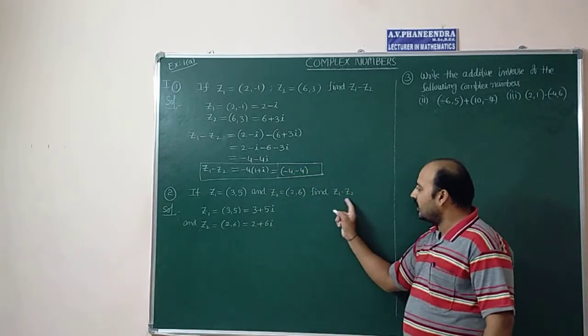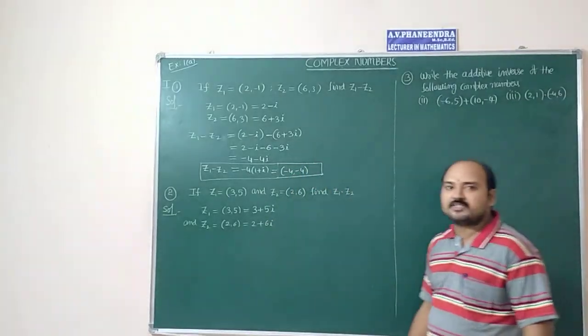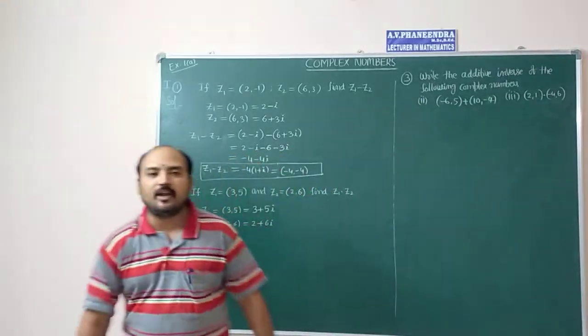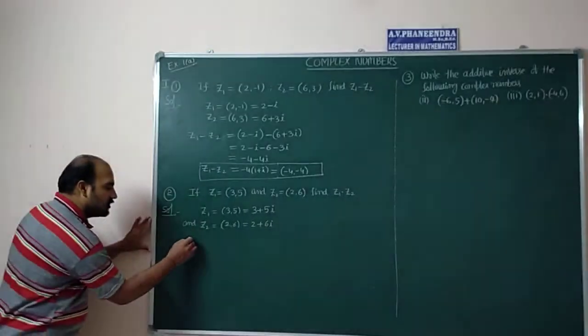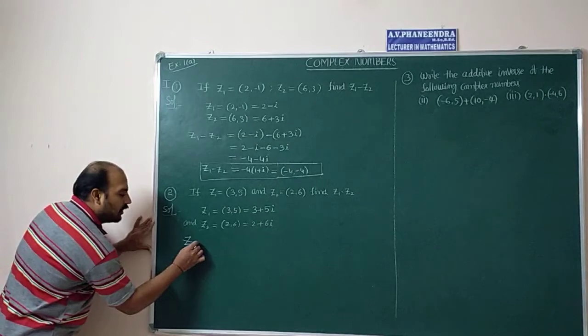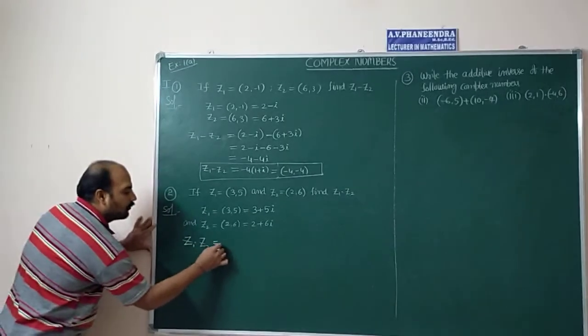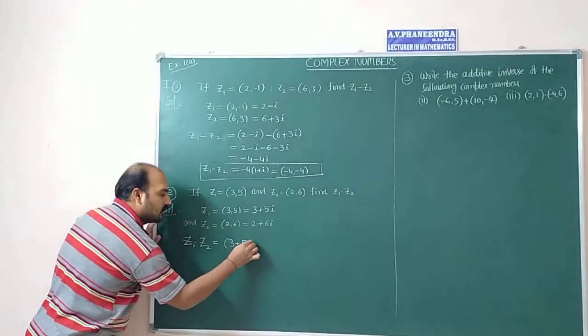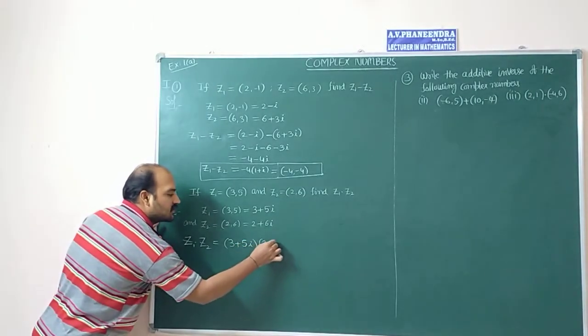They are asking to calculate the product of these two complex numbers, z1 into z2. So write it as 3 plus 5i into 2 plus 6i.